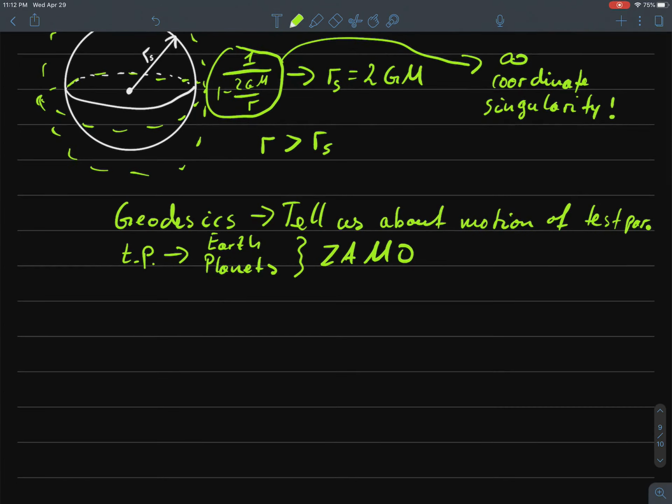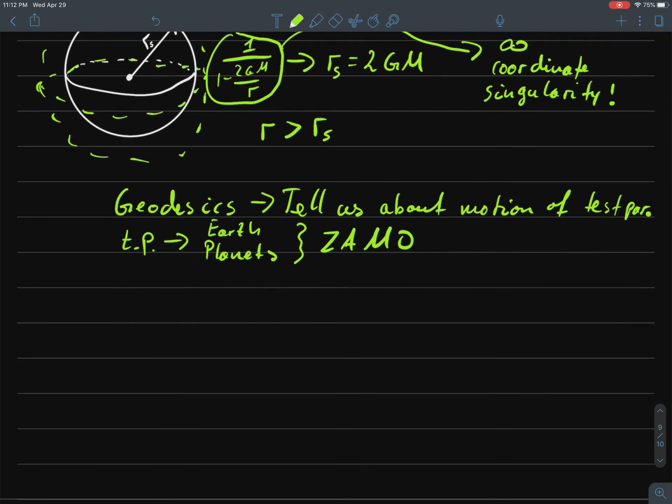So, we know the geodesic equation. I can write the geodesic equation down, which we've already looked at and derived before. And normally, this is what we would need to solve in order to answer questions about this.